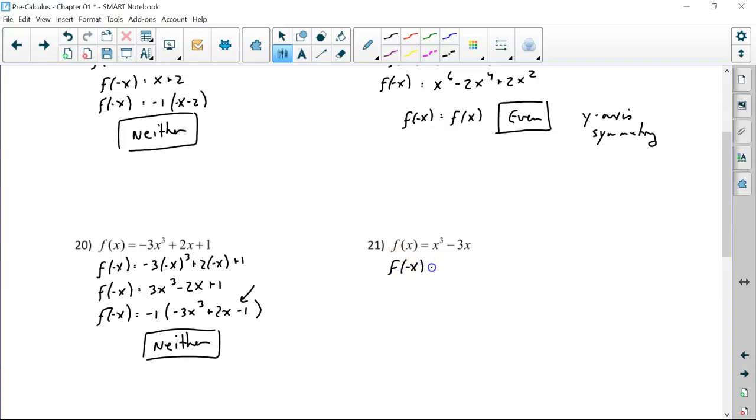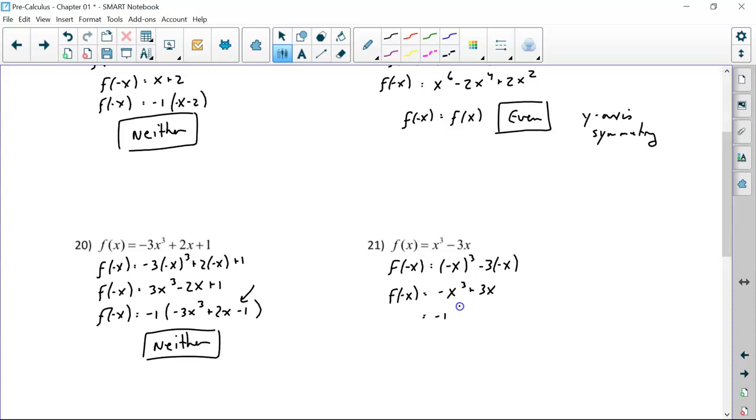f of negative x equals negative x to the third minus 3 times negative x. When you cube that negative, you get a negative, so negative x cubed. Negative times a negative is a positive 3x. Once again, it's not even, but let's see if we can factor out a negative.